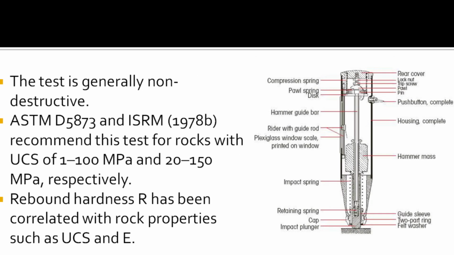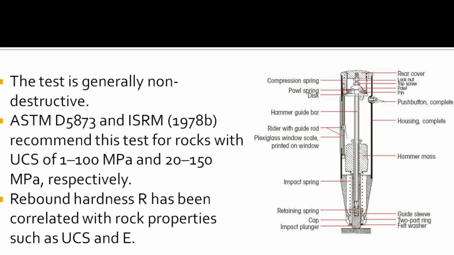The prescribed codes for conducting tests using Schmidt Hammer are ASTM D5873 and ISRM 1978B. It is recommended by ISRM that the tests which are valid for Schmidt Hammer rebound numbers should have a range of UCS between 20 MPa and 150 MPa.